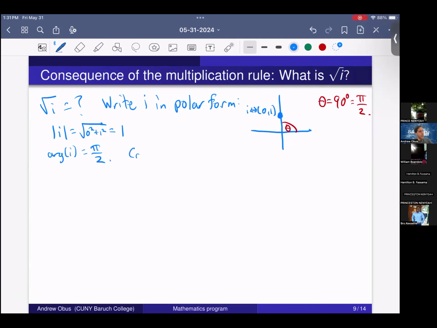So you can write i equal to 1 times cosine pi over 2 plus i sine pi over 2. It looks more complicated, but this is okay. This is the polar form. So now, how do you take a square root?